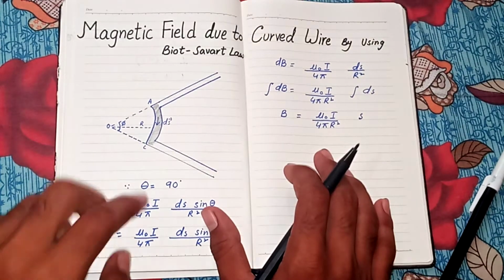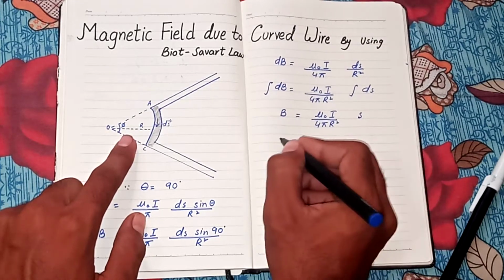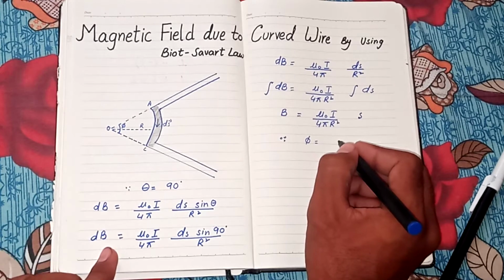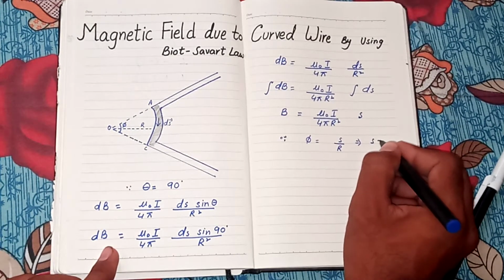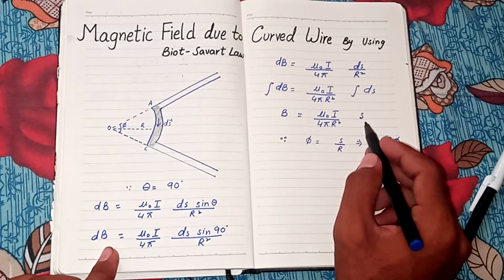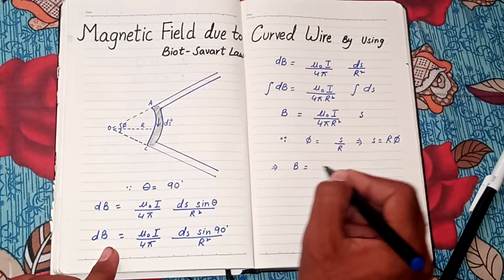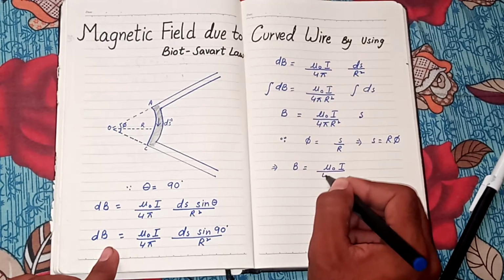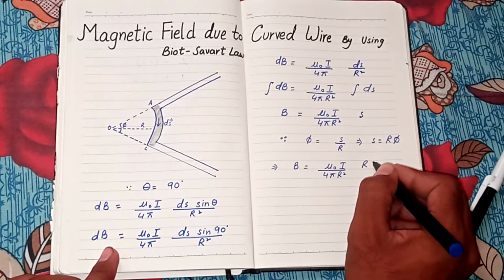From figure, we note that arc angle phi equals s upon r, and thus s equals r phi. We put s equals r phi in our equation. B equals mu naught I upon 4 pi r square into r phi.